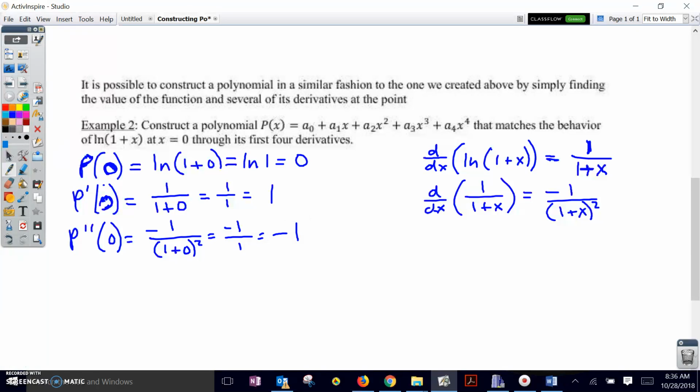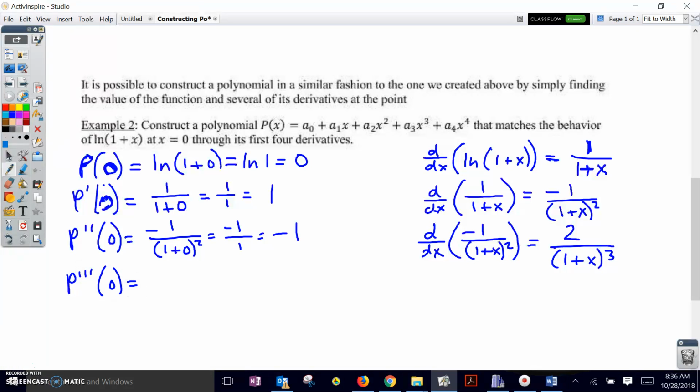We want the third derivative to behave like the third derivative of this function, so we're going to find the derivative of negative 1 over the quantity 1 plus x to the second, and the derivative of that is going to be 2 over the quantity 1 plus x to the third. And so we want the behavior of this polynomial at 0 to mimic the behavior of this derivative. So we want that to be equal to 2.